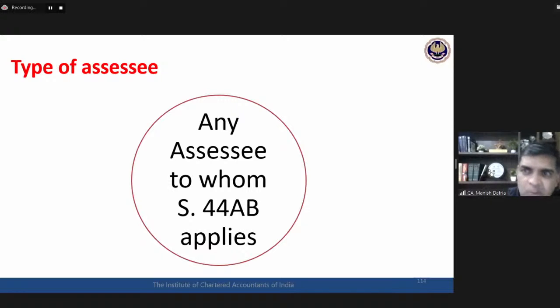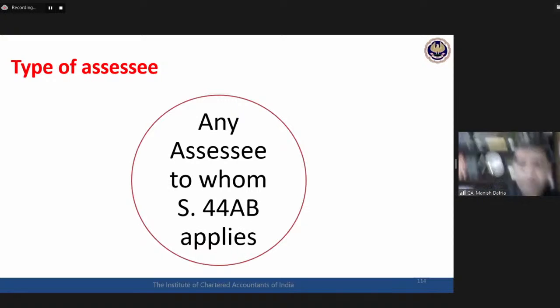So the first unique feature here itself we are seeing. All other sections talk about type of entity: individual, partnership, cooperative society, producer company. Here we are not talking about type of assessee. Assessee may be any type of entity. The requirement is this 44AB. If 44AB applies, you can claim 80JJAA first.